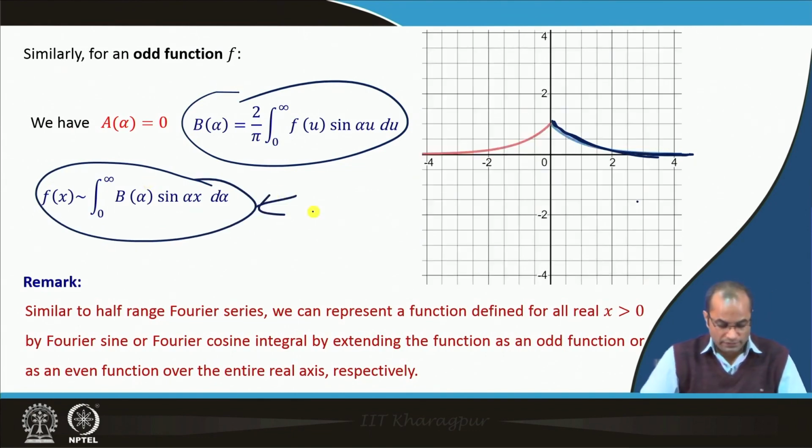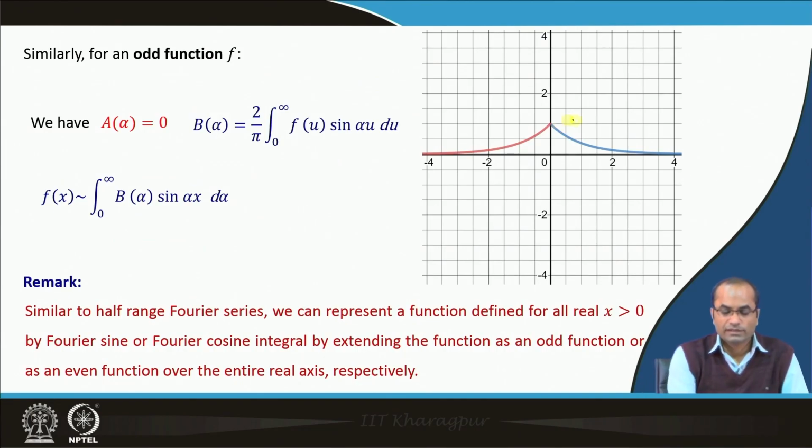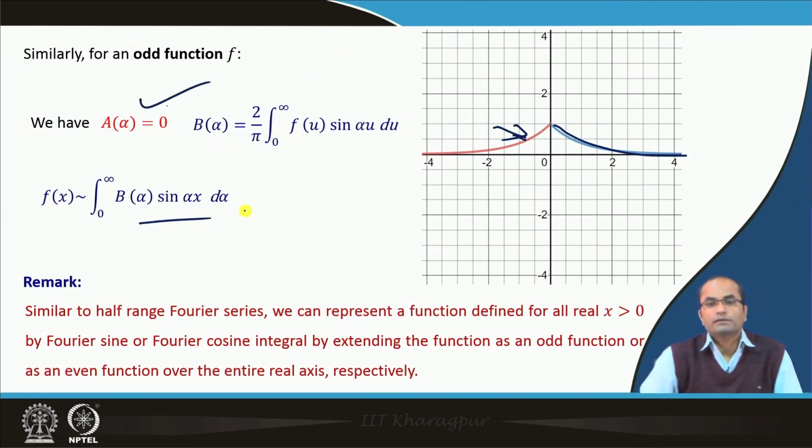On the other hand, if we extend this in this way, then this will become an even function, and if we write its integral representation, that will have only the cosine term, only the cos term in the coefficient as well as in this integral representation.